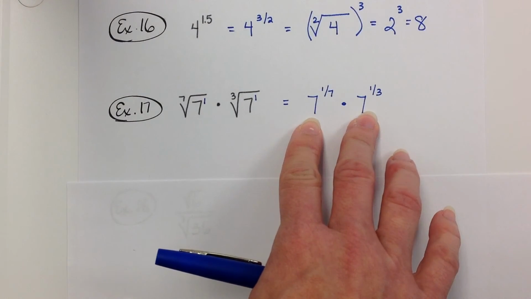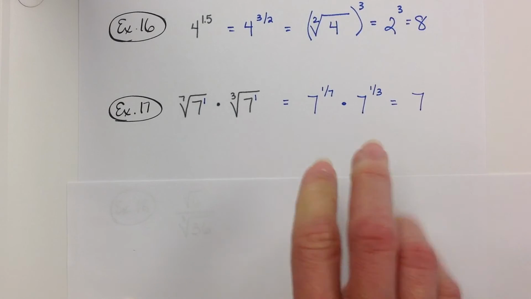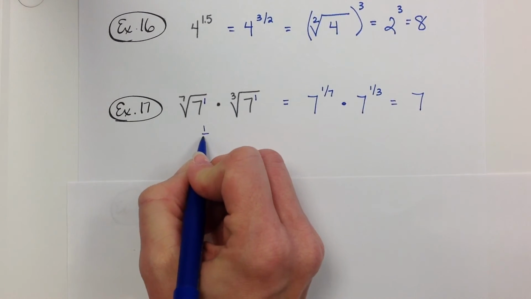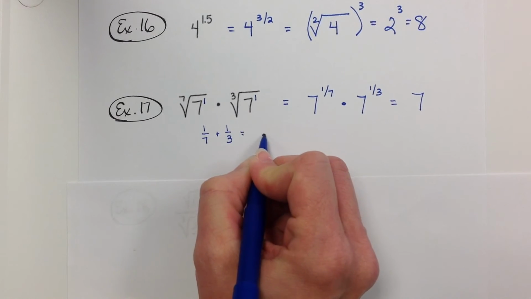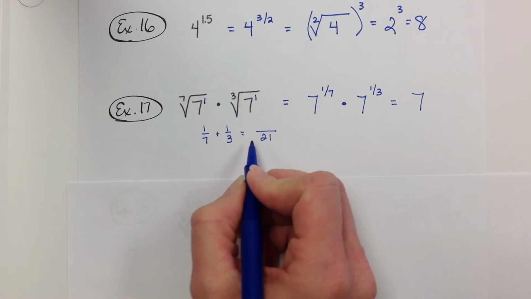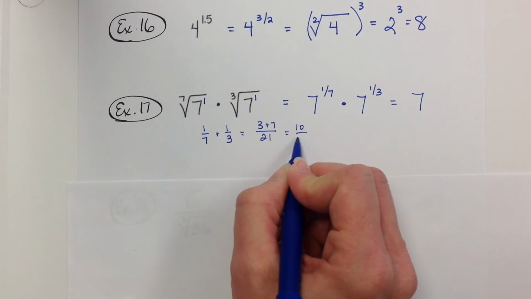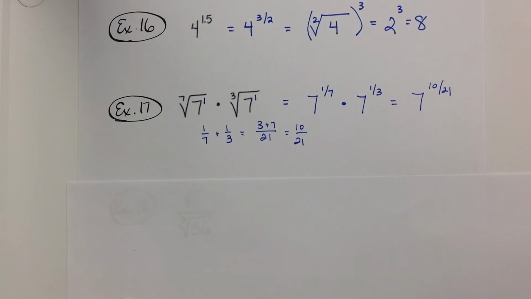Your bases are the same, so you can multiply these, but you add your powers when you do that. Again, you've got a calculator that will help you out. You would have to get a common denominator of 21. So this would end up being 3 plus 7, so 10 over 21. So 7 to the 10 over 21 would be your answer.